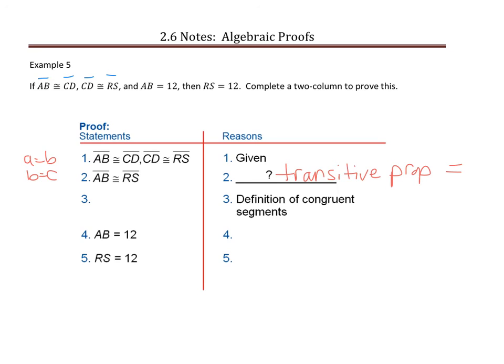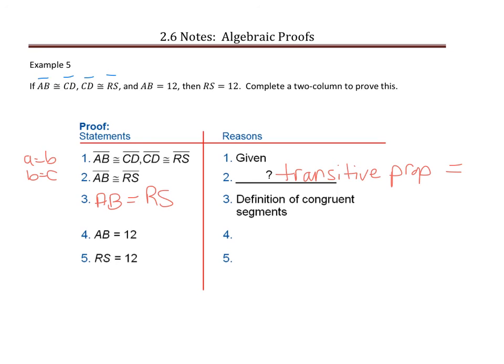Okay, the next line, we don't know what the statement is, but we've been provided the reason is definition of congruent segments. This is where we have 2 segments that are congruent, therefore their measures are equal. So it may seem like a minor point, but we're basically saying the length of AB is equal to RS because their segments are congruent.